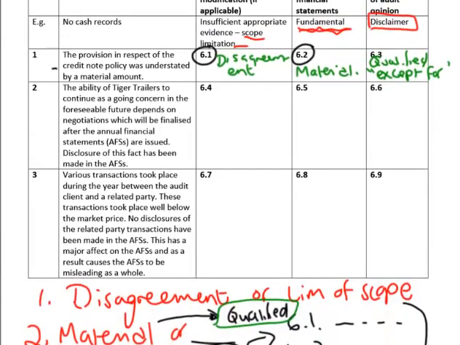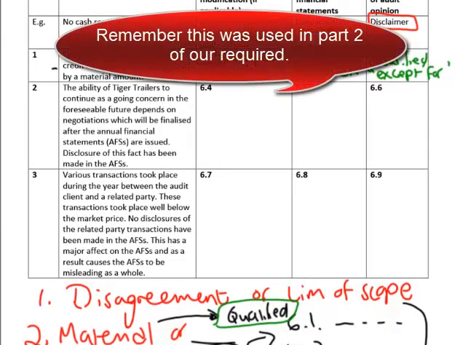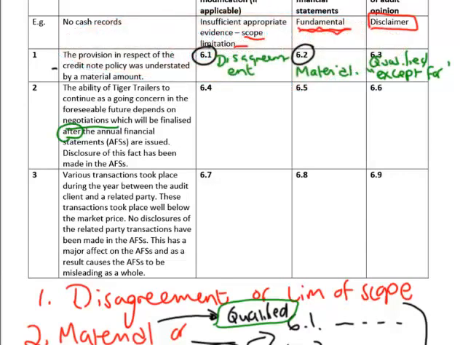Number two, the ability of Target Trailers to continue as a going concern in the foreseeable future depends on negotiations which will be finalized after the financial statements are issued. Disclosure of this fact has been made. So there's no disagreement here. We've got a going concern issue, but the fact is that it's been disclosed. Management has done what they needed to do.